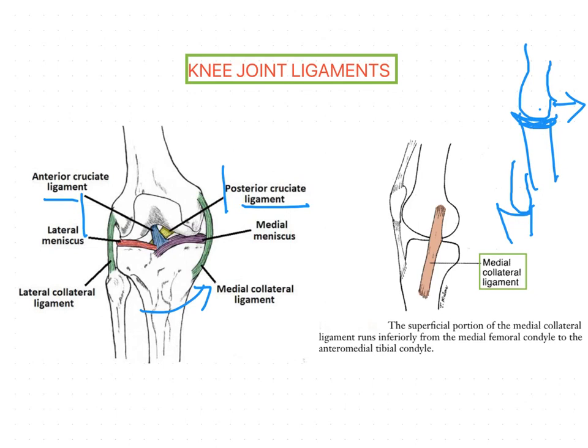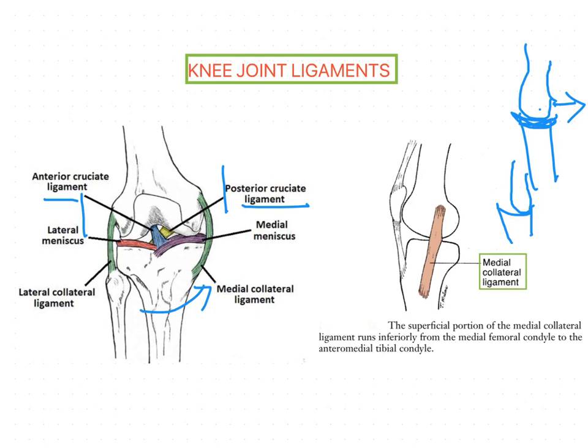Another important one is the coronary ligaments, which are attached from the meniscus to the tibial condyles. In this session we are going to discuss all the ligaments except the cruciate ligaments. We will discuss the cruciate ligaments in the next session.